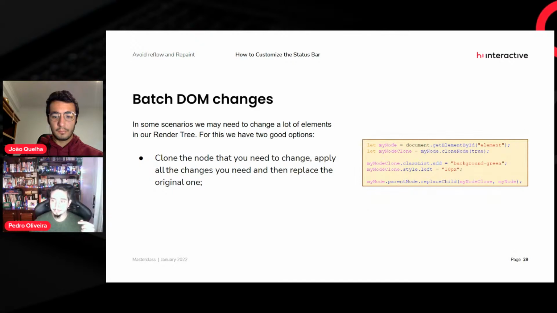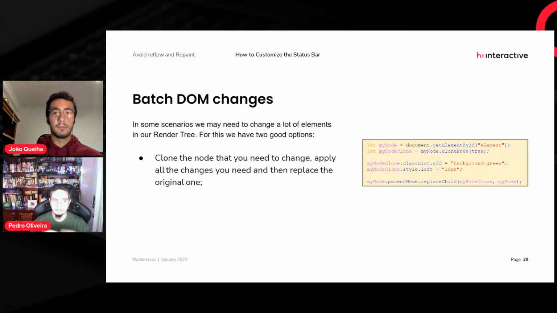Another cool thing that we can do: in some scenarios we may need to change a lot of elements in our tree. So usually for this we can go in two different ways. Well, there are more than two ways, but let me just talk about probably the most usual ones.